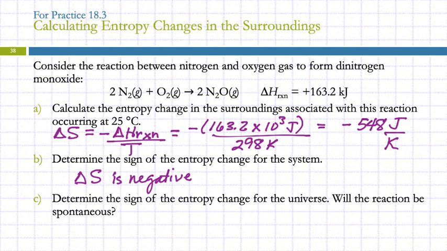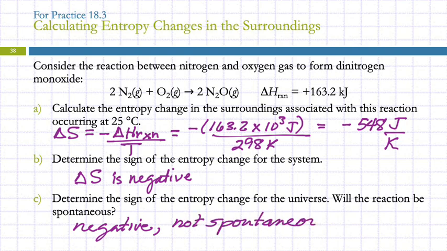So then, what will the change in entropy for the universe be? Negative, because this one is negative and this one's negative, and so when you add them together, you're still going to get a negative number. So is it spontaneous? No. Not spontaneous. So the entropy is negative because even though it's absorbing energy from its surroundings, there's less states of energy.